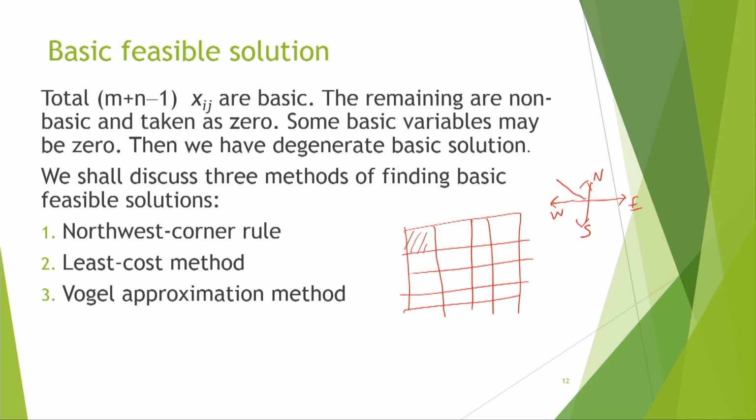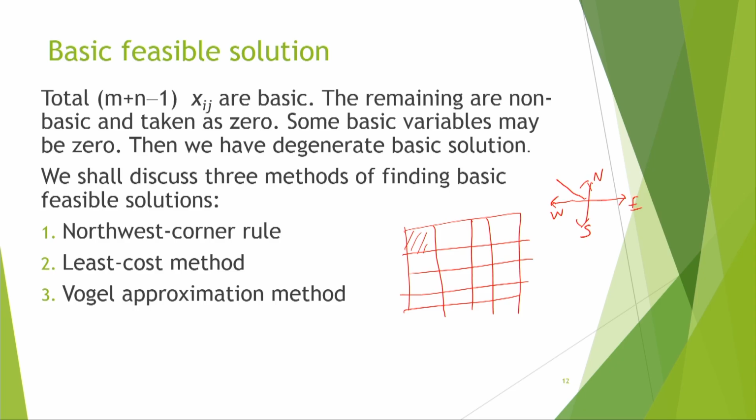You assign as much as you can to this cell, seeing the supply and demand, and then you keep moving either right or down.